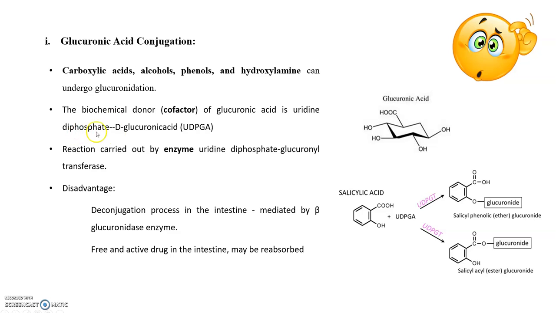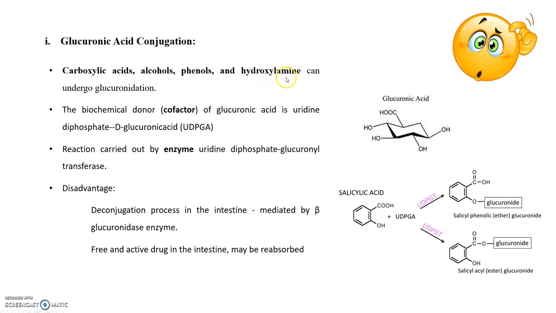That is the cofactor. And the next one, who is carrying out the reaction? That is the enzyme uridine diphosphate glucuronosyltransferase. We have already seen transferase groups are involved here. So who is undergoing this reaction? That is either carboxylic acid or alcohol or phenol or hydroxylamine.